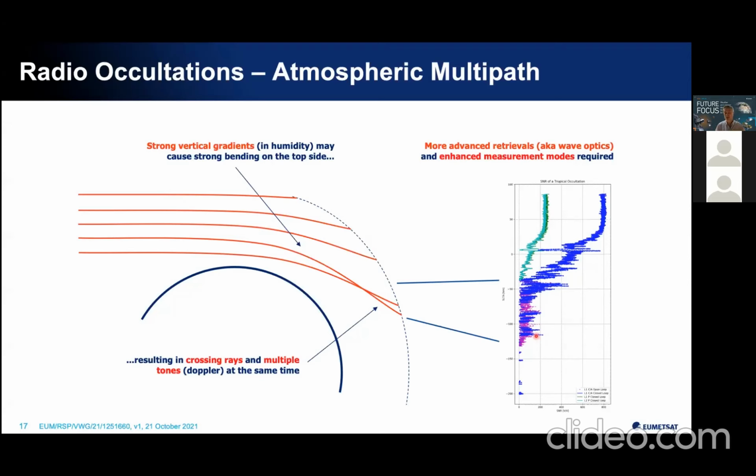So there it works fine. If you're going into the lowest few kilometers of the troposphere with lots of convection, rain, precipitation, different kinds of clouds, different heights of clouds, that is not horizontally homogeneous anymore. So the assumptions that we make in the retrieval to some degree break down, and that is increasing the error budget of the radio occultations.